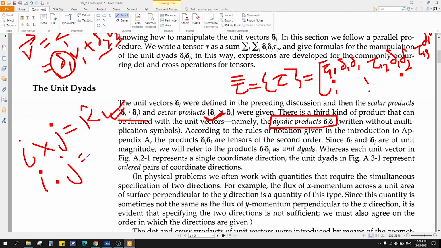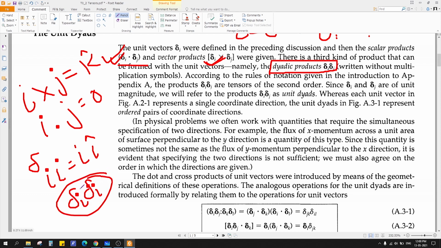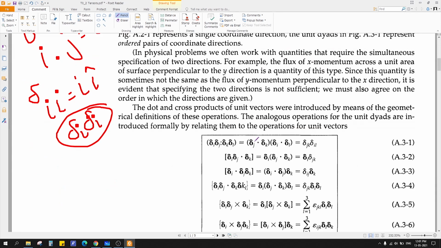This is 0, right? Then dyadic product means there is no operator in between the i cap and j cap. We write it like this, or simply like this, delta i delta j, right? This means this is a tensor, okay? This is the dyadic product.